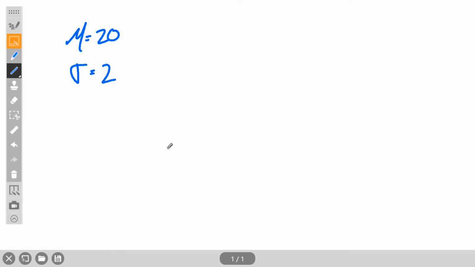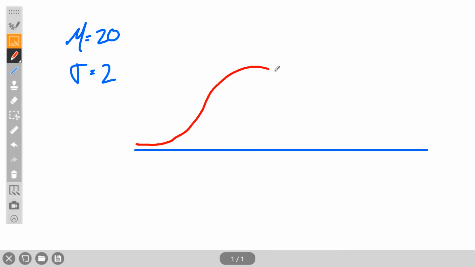Okay, so let me draw the normal distribution curve. Not the best. Let me try that again.